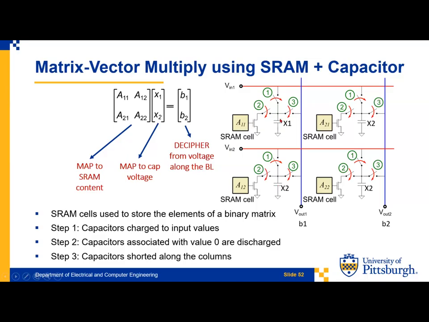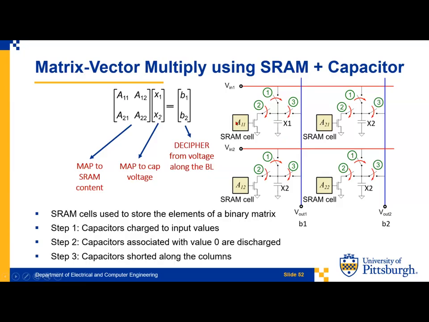And if X1, X2 here is a high voltage, and the SRAM cell is zero, we want the result to be zero, right? Because zero times one, we want the result to be zero.